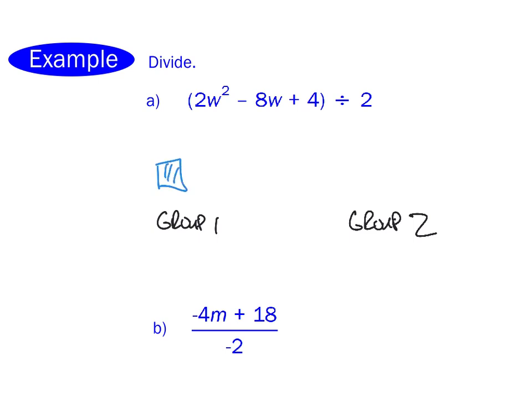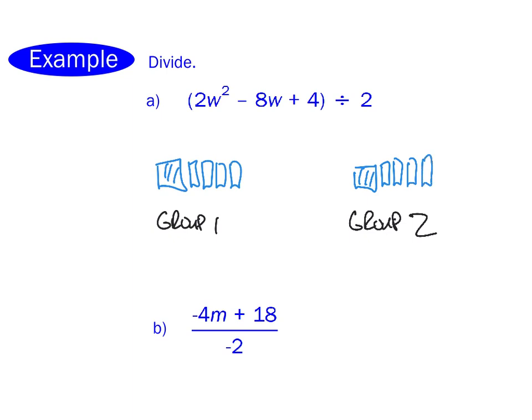There's 1. There's 2. How do we draw minus 8w? How many shaded rectangles? 8. Thank you. 1, 2, 3, 4, 5, 6, 7, 8.